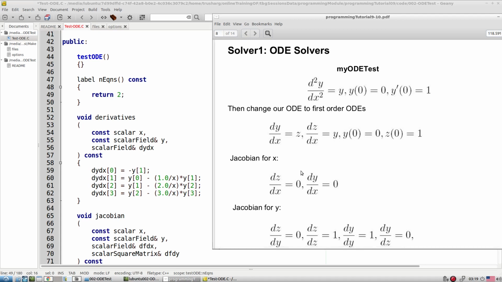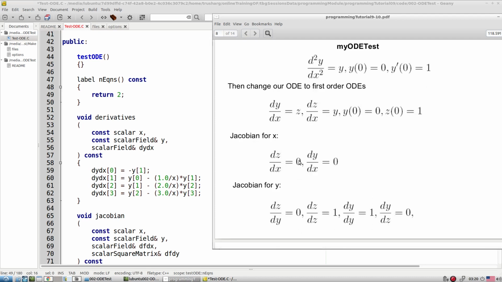Now we construct the Jacobian. So what we require: del f1 by del y1, that is equal to 0. Then del f1 by del y2, so it is exactly 1.